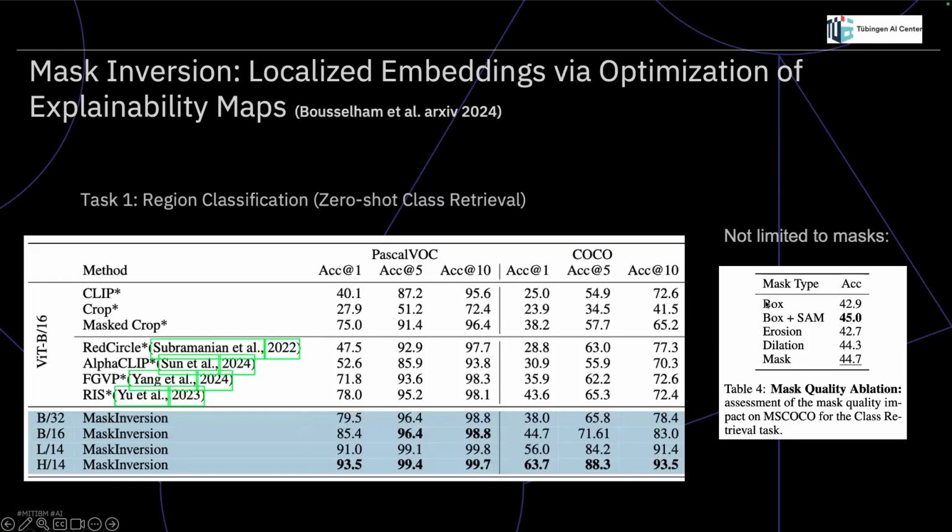What was really interesting is that when we have a bounding box and a SAM region segmentation within this bounding box, we can get even higher accuracy than with hand-drawn masks. We also tested whether we are robust against erosion and dilation. It turns out having a bit more dilation is usually pretty robust, having a bit less, not so good. But bounding box and SAM turned out to be the best solution for this representation.